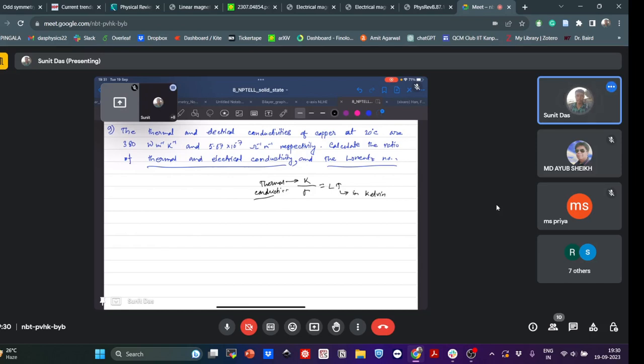For most of the metals, this obeys very well. So L is some constant which is purely material dependent, and this is called the Lorentz number. So let's try to find this out.